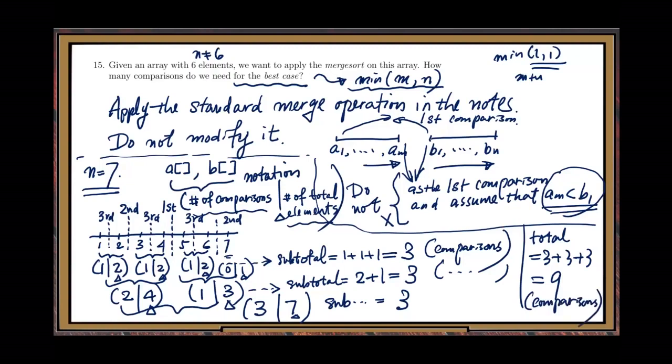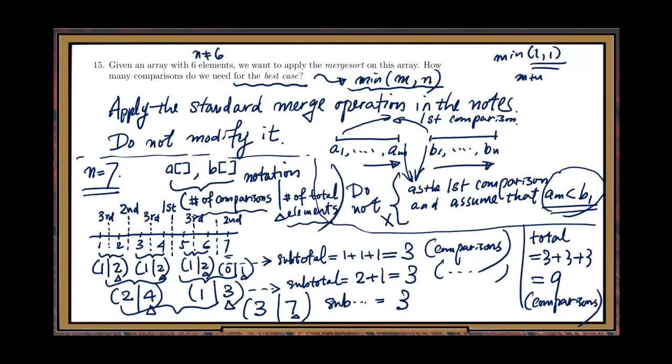For the 7-element best case. So after you understand the special way to run the merge sort for the best case, then you can do the similar thing for n equals 6. It should be pretty easy.